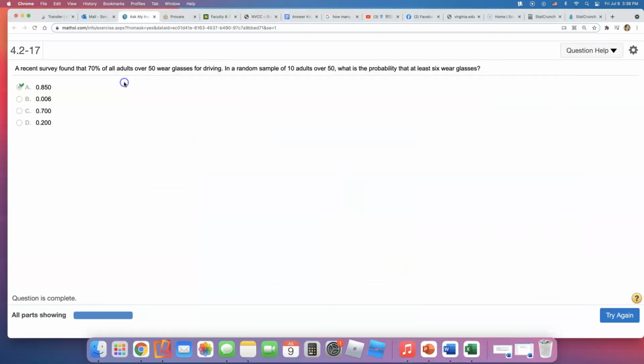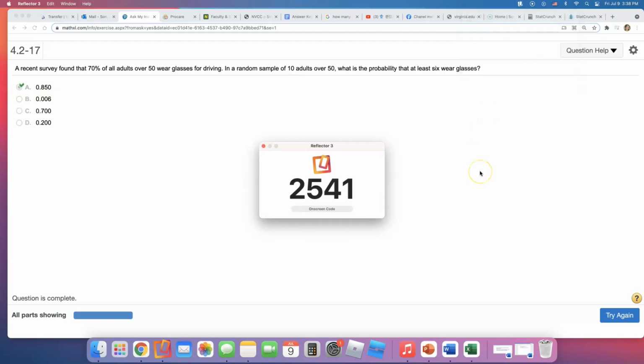In that case, I do have a backup plan for you. I don't know how to download a TI-83 or 84 to share with you, but I bought a calculator app that I can use to demonstrate. Hold on, let me show you my iPad screen where I downloaded this.